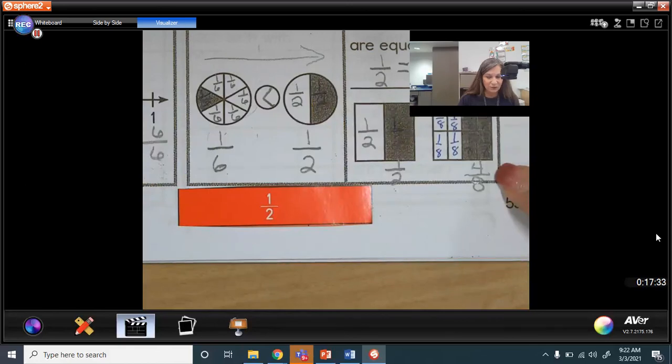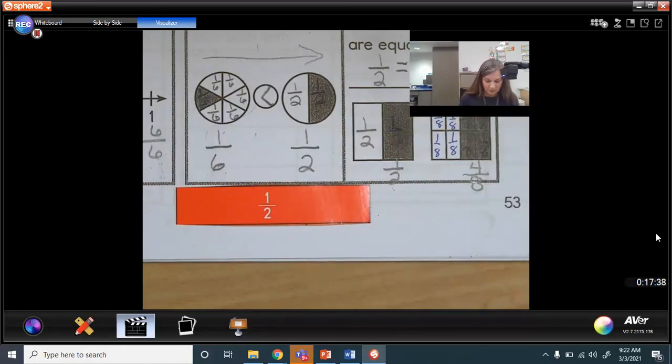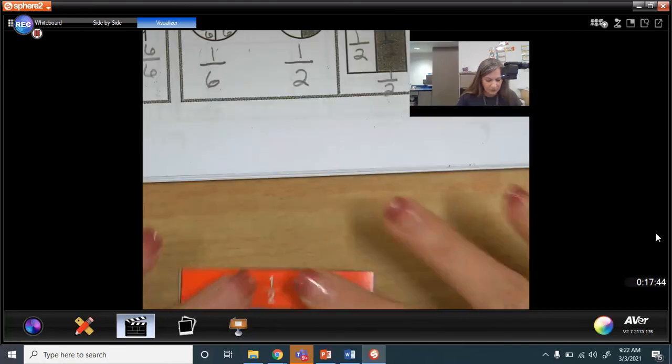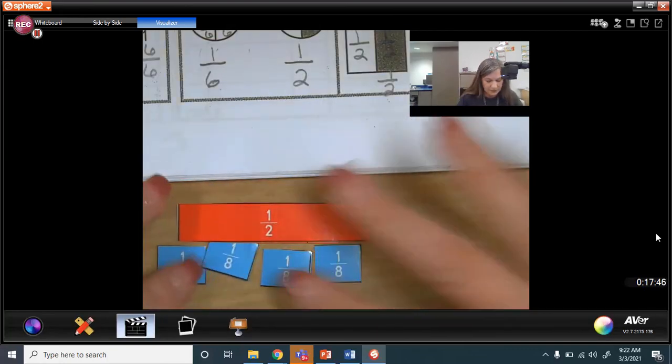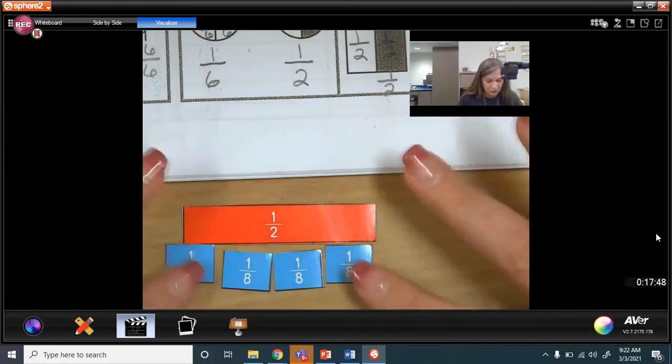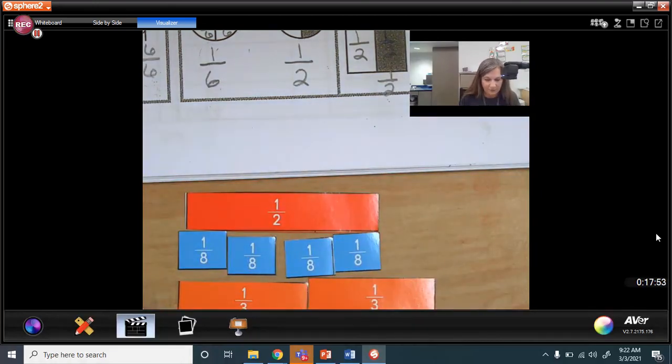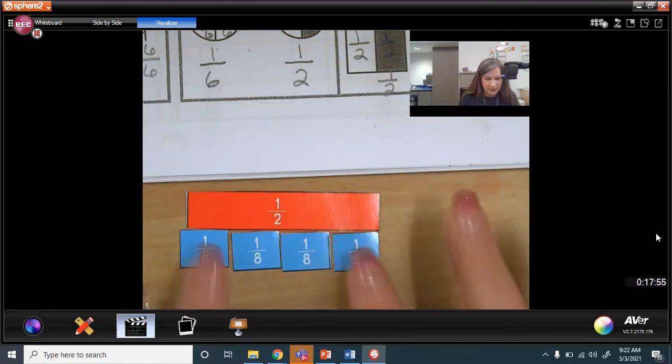That's besides 4/8, because this already says 4/8, and we know that 4/8 is equal to 1/2. I want you to find another one using your fraction strips, okay? A different one. And again, you can't use 2/3 because it doesn't line up, right? This one does not equal 1/2. But 4/8 does equal 1/2.